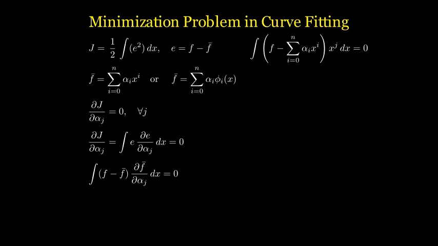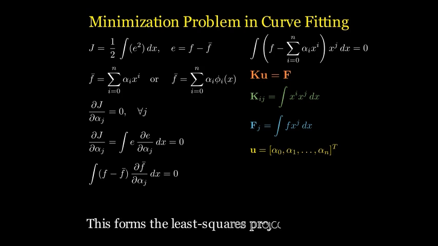For simplicity, we can replace x to the power i with any phi_i. We form this system Ku equals f, where K_ij will be the integral of x^i times x^j dx, while f_j will be the integral of f times x^j dx. And now we solve for u. This u is the solution of a least squares projection system. So this is the best possible approximation in the sense of the L2 norm.